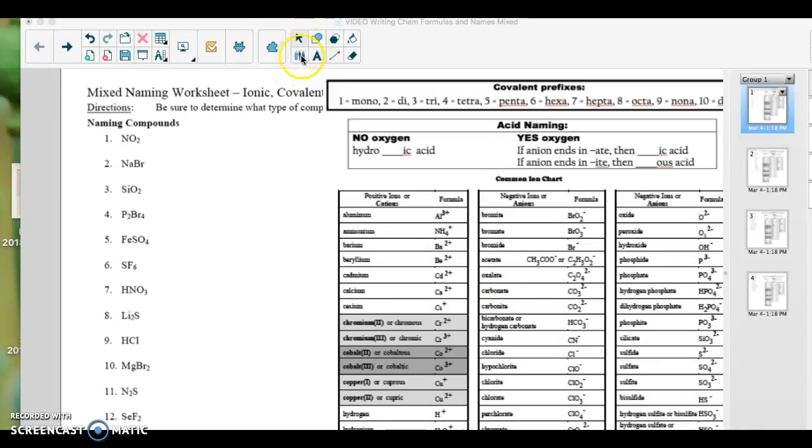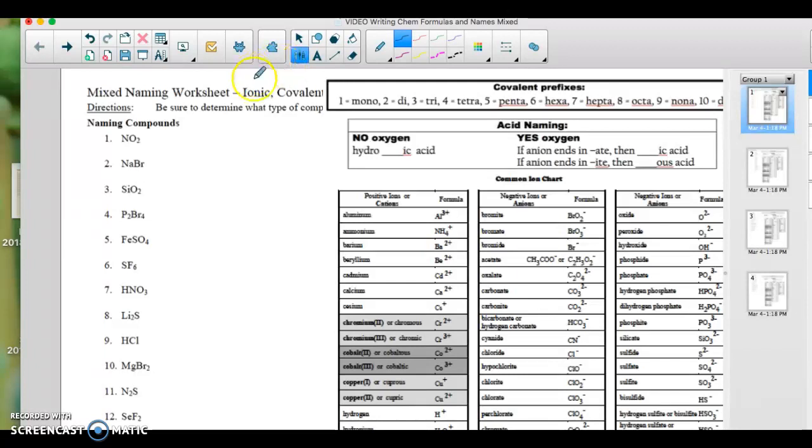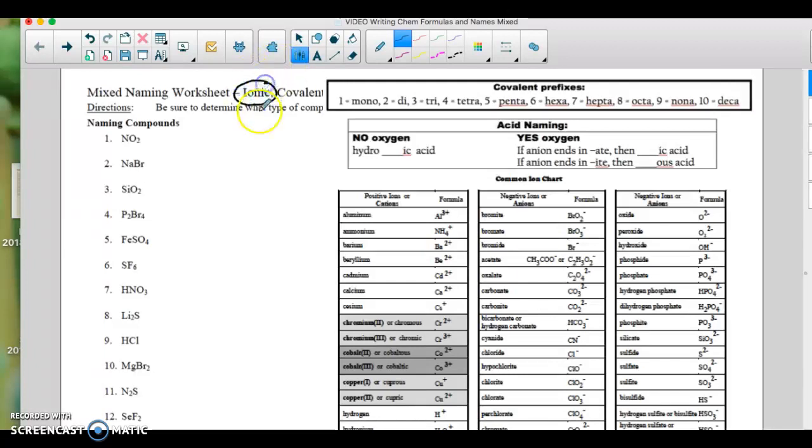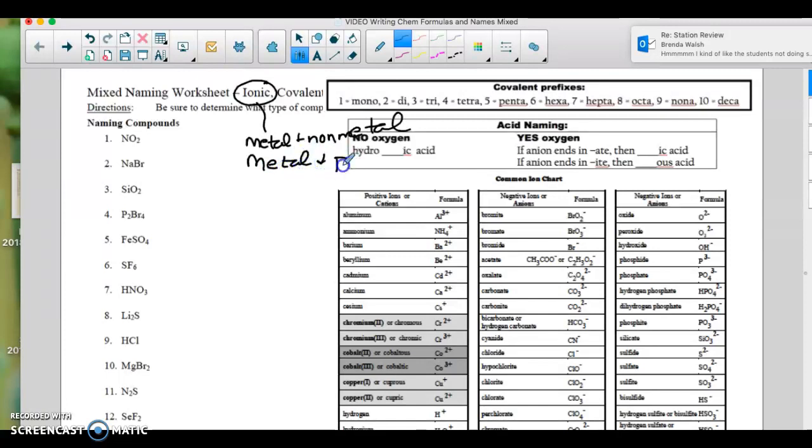Hey guys, so now I want to talk to you about naming ionic compounds. Ionic compounds are always going to have a metal and a nonmetal, or they may have a metal and a polyatomic ion.